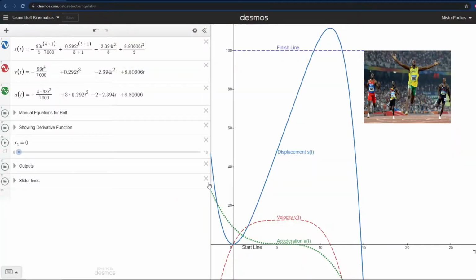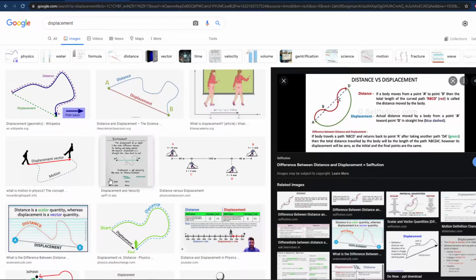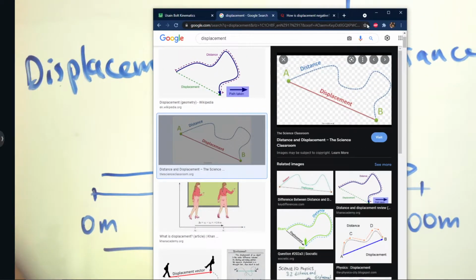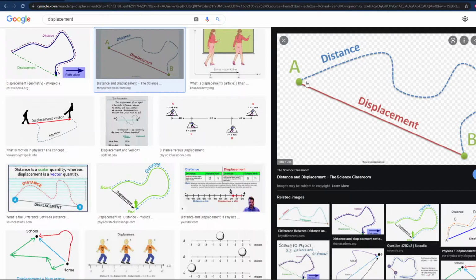So I've got an image here. I just want to show you what makes displacement better. The difference between displacement and distance is that distance is a measure of how far someone has traveled, whereas displacement is actually a vector.